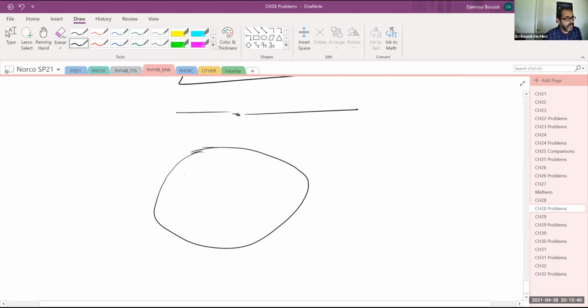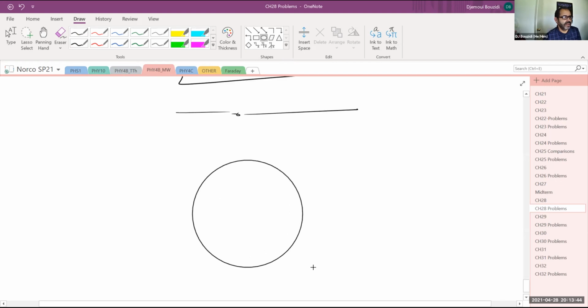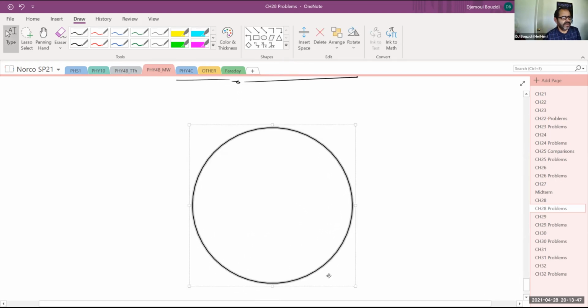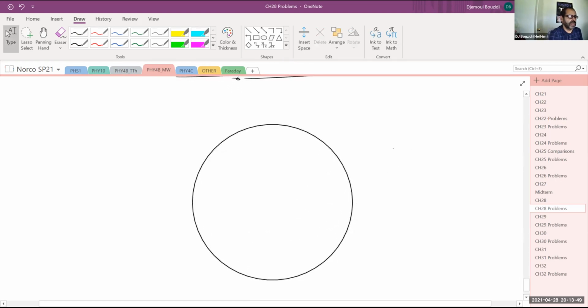So let me draw a better surface than this one in here. This is a cut from the cylinder, and somewhere in here is the center. I'm going to take a Gaussian surface now again.